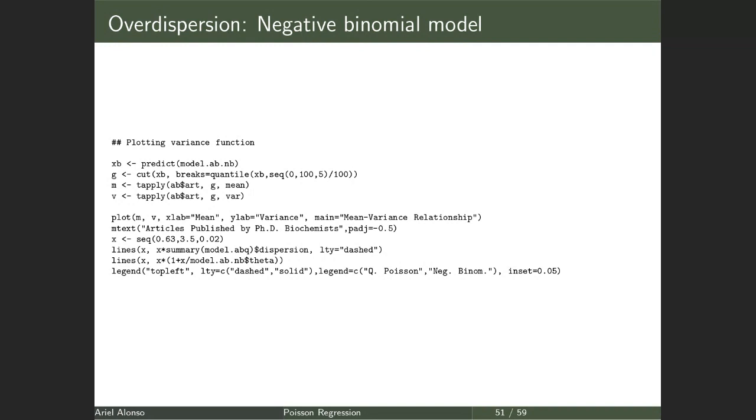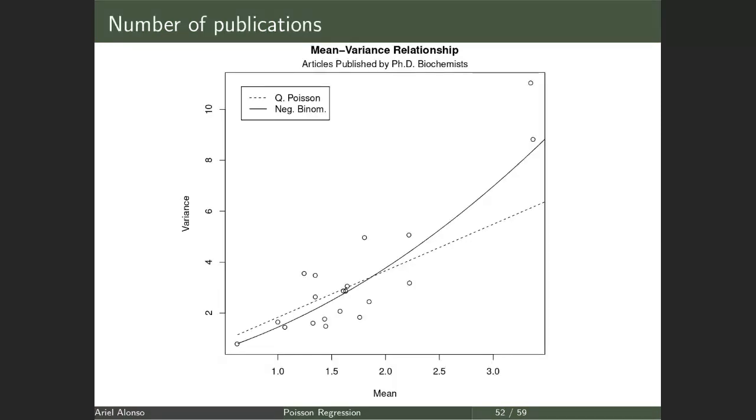You create intervals, and then you plot the mean against the variance. And as you can see, this is what the quasi-likelihood predicts, some kind of linear relationship, and this is what the negative binomial predicts. Now, the negative binomial, the quadratic relationship, seems to be more plausible here. So you may get better results with the negative binomial, even though the quasi-likelihood, again, is not wrong.